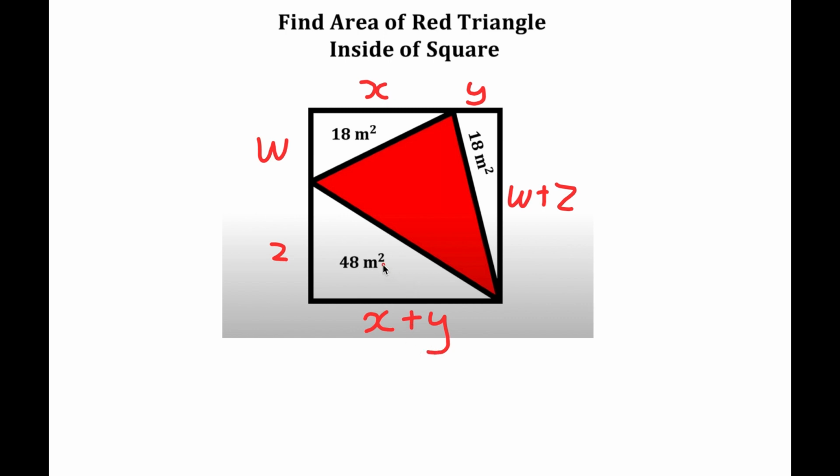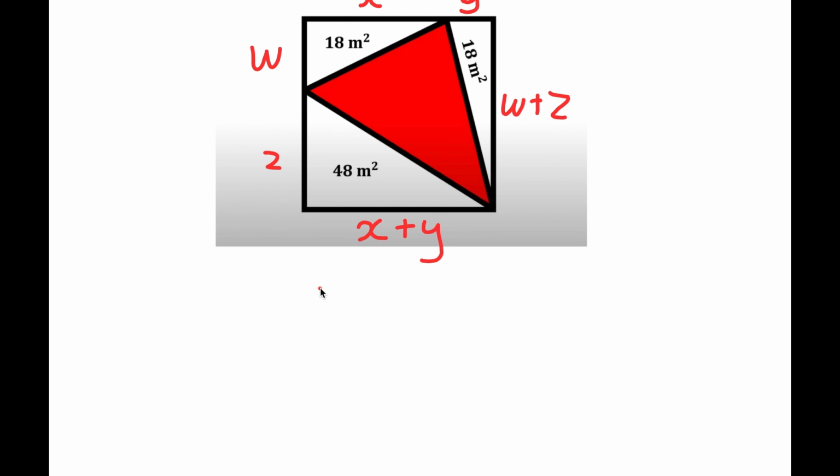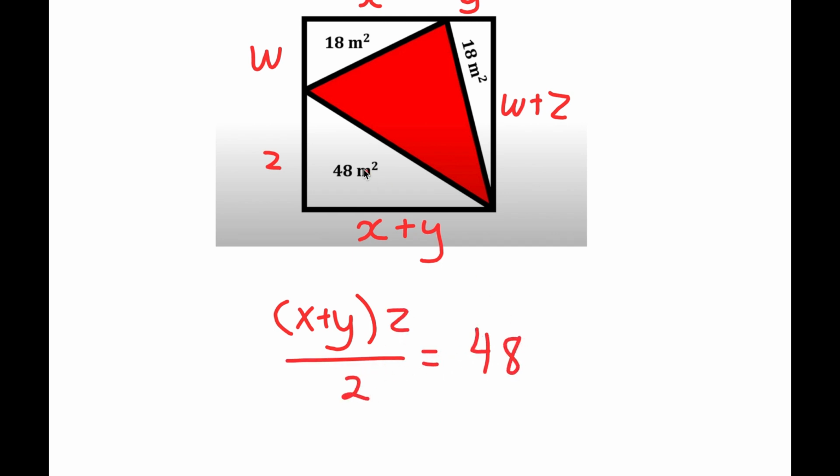So now from here, I can say that because this is 48 meters squared, x plus y times z over 2 is equal to 48, because 48 is the area of this white triangle right here.